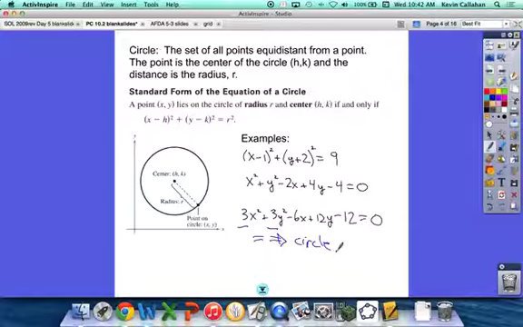Y equals x squared. There you go. How many squared terms? 1. That's how you recognize a parabola. If it's in this form, you only have one squared term. Circle is they're equal. Parabola is there's only one of them. There's a fair amount of questions where that's all you have to know. If you recognize that pattern, just say it.